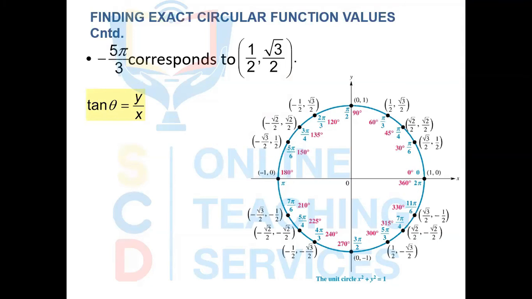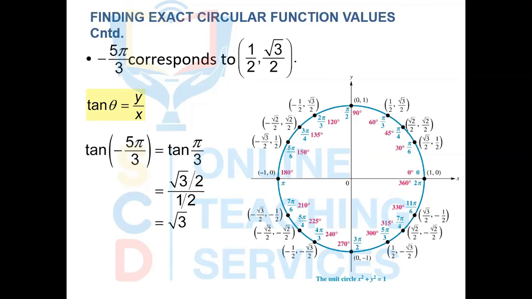Which means to say that y is our sine theta. Correct? Correct, Jessalyn? Yes, sir. So, what is our sine theta? Our sine is square root of 3 over 2. Okay, so all over, what is our cosine theta? Because that is x, right? 1/2. Okay, 1/2.